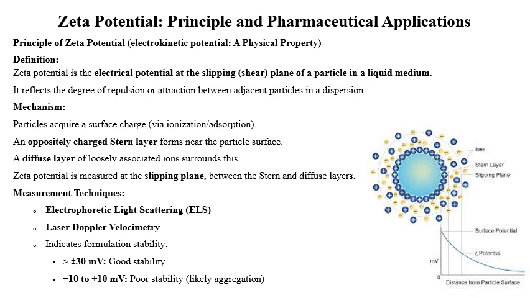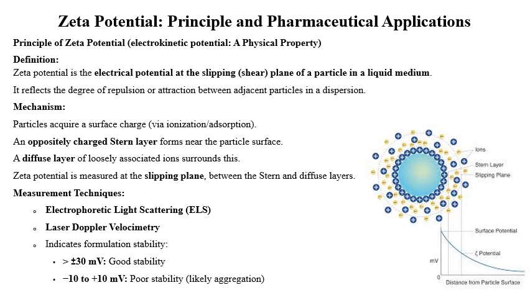Zeta potential is also called as electrokinetic potential, and it is a physical property. So by zeta potential, this electrokinetic potential is measured. Zeta potential is an electrical potential at the slipping plane of the particle in a liquid medium.